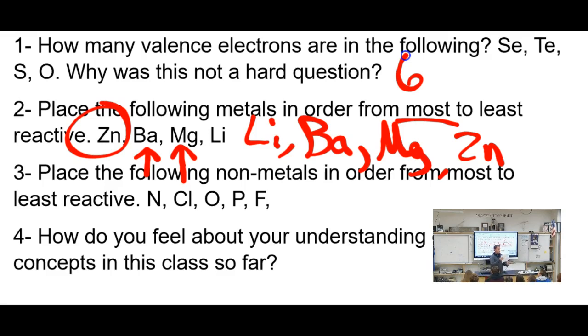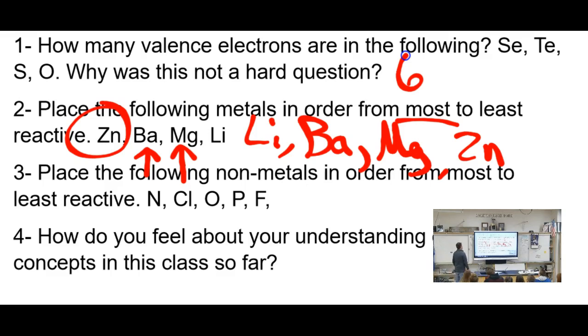They still reacted, but much less vigorously. So we do have some data to support the idea that everything in family 1 is more reactive. So to wrap it up once again, for metals, anything left is more reactive than anything right. And then if they're in the same family, then anything lower is more reactive than anything higher.